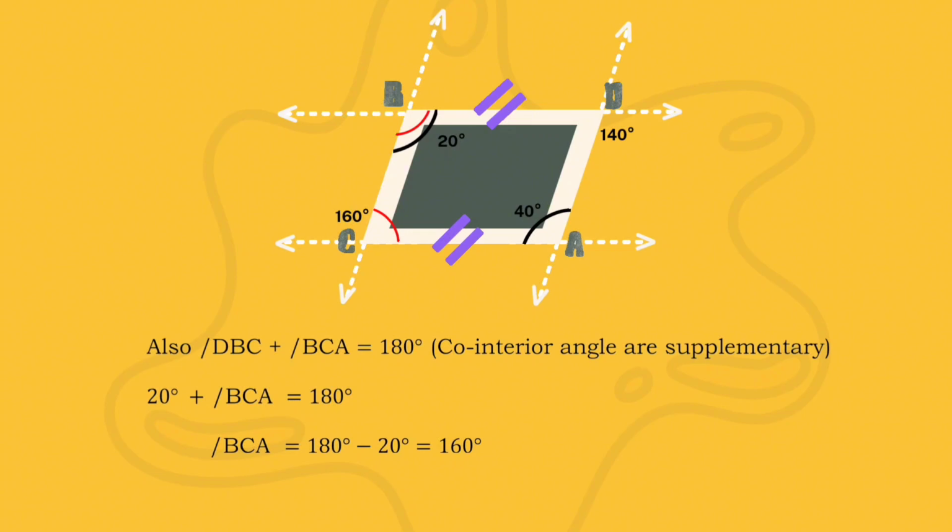We already know the value of angle DBC, which is 20 degrees. So, 20 degrees plus angle BCA is equal to 180 degrees. This implies angle BCA is equal to 180 degrees minus 20 degrees, which is 160 degrees.